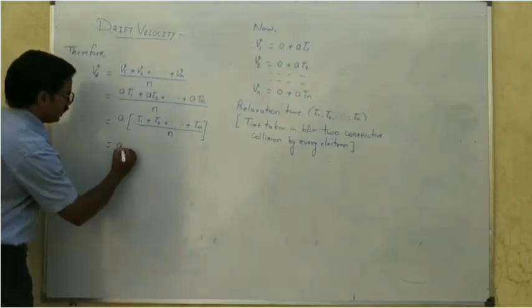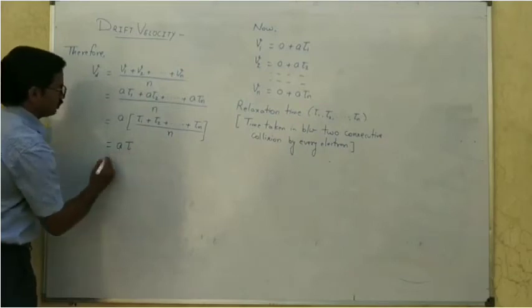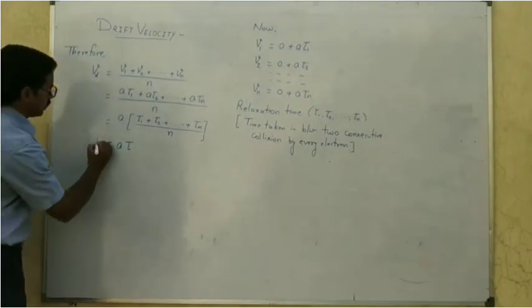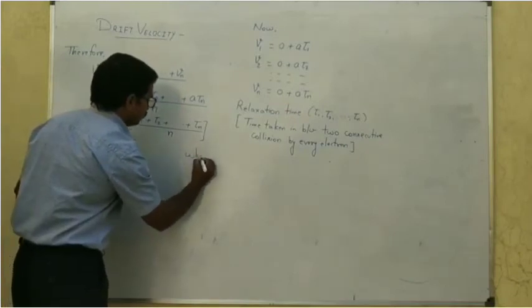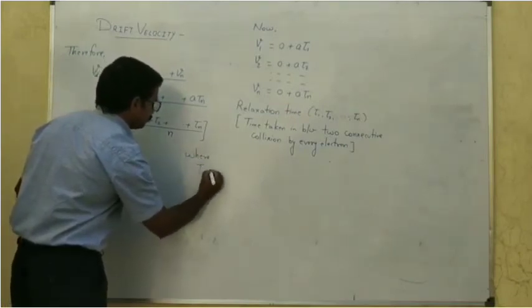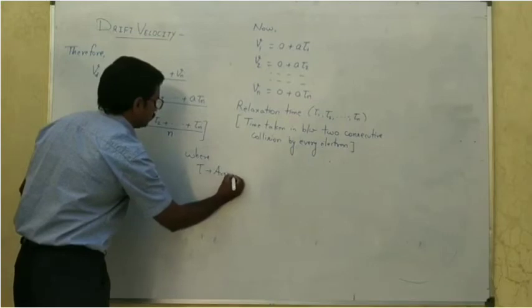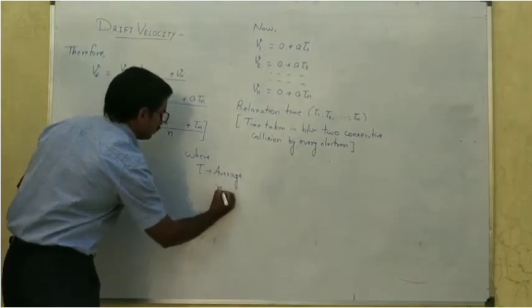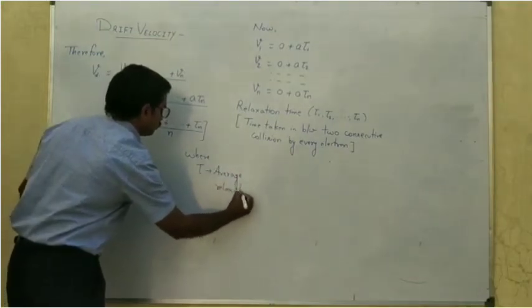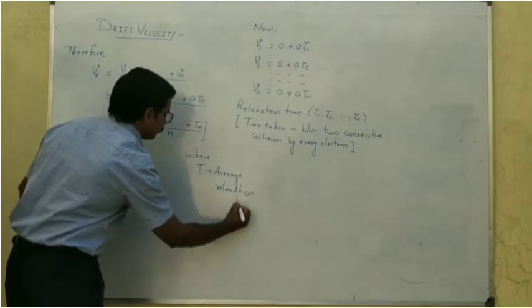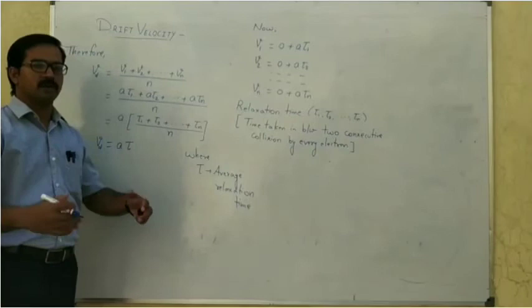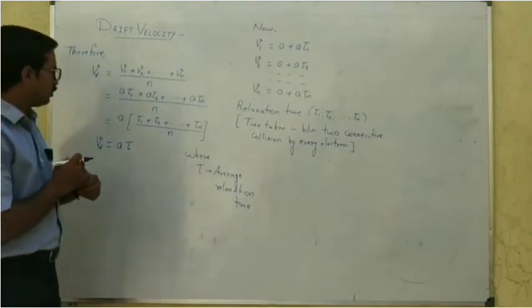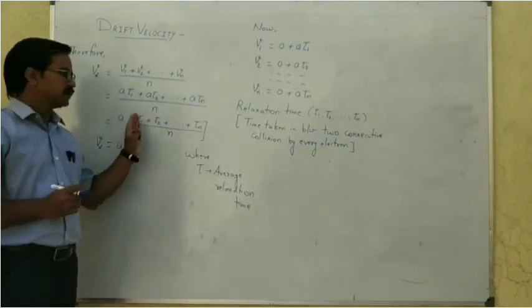So I write a tau, where tau is the average relaxation time. Because many electrons will have different relaxation times, we cannot tell about each and every electron.